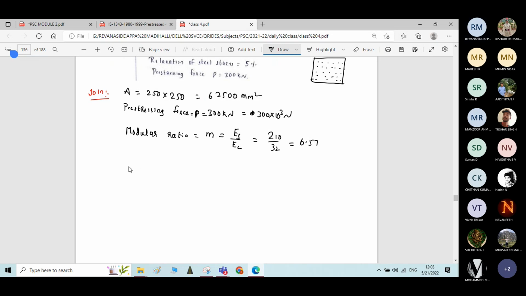Then the initial pre-stress in steel wires. You can calculate the initial pre-stress in wires, which is equal to the initial pre-stressing force divided by the area of steel. The initial pre-stressing force is given as 300 kilonewton, 300 into 10 power 3 Newton, divided by the area of steel.